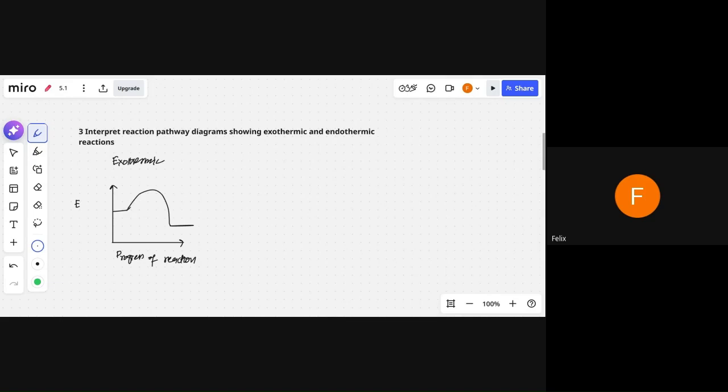So you can say that reactants are higher than the products, or products are lower than the reactants, or that reactants have a higher energy than the products, and products have a lower energy than the reactants. These are the few ways you can define this in a diagram, right? So these are reactants and these are our products.